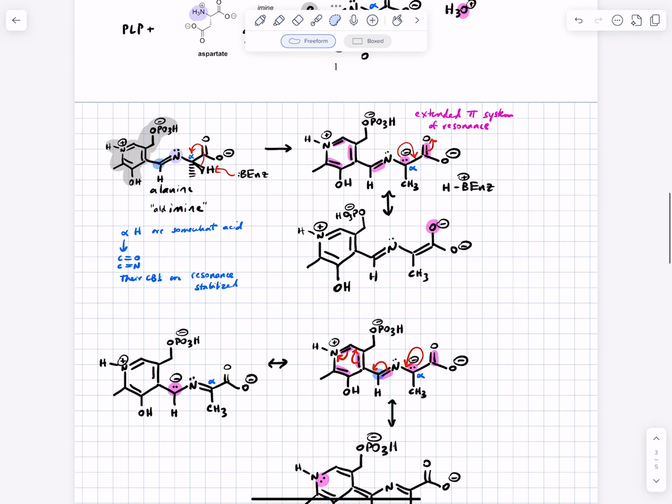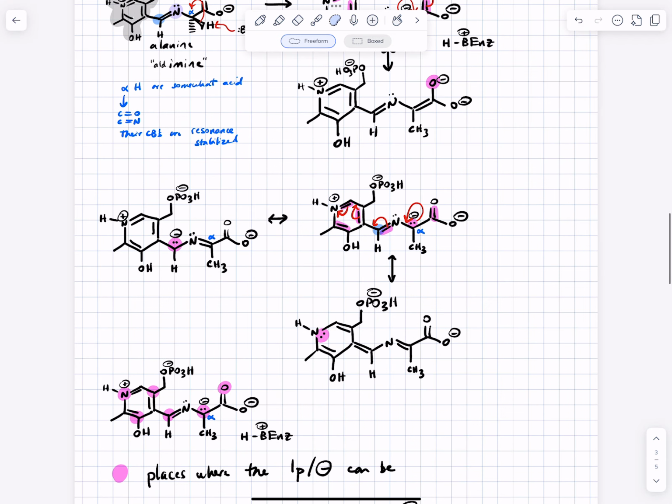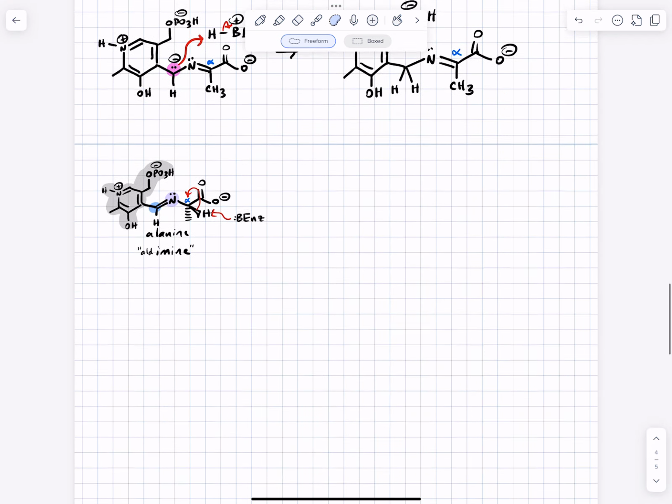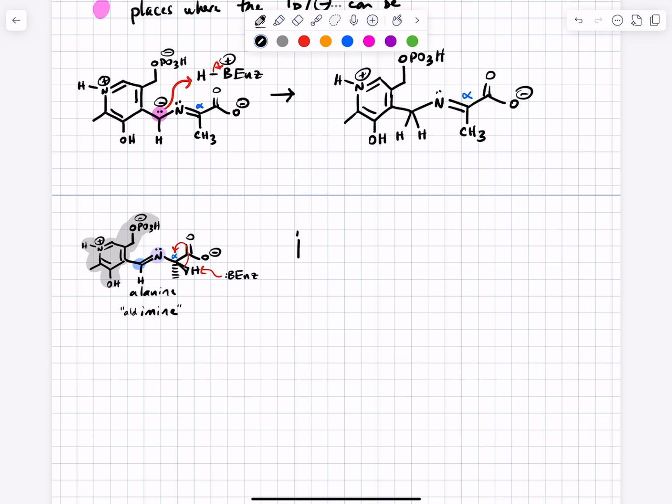We got to an intermediate that looked like this, in which the alpha carbon was negatively charged.